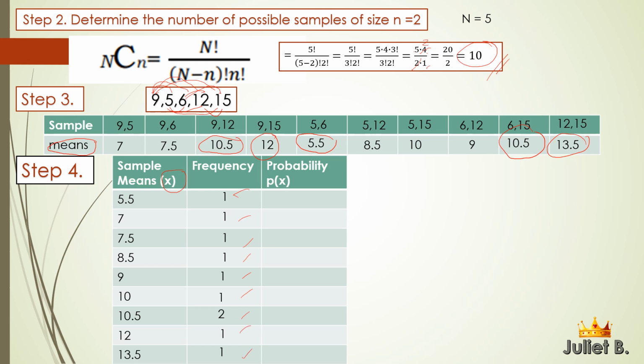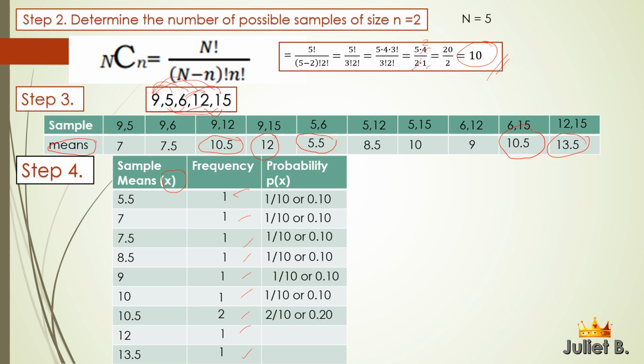Ayan, 10. Let us get the probability of 5.5. Siyempre, ang frequency niya, isang beses lang siya nag-appear. 1 over 10 or 0.10. 7, ang 7 ay 1 over 10 or 0.10 din. 7.5, 1 over 10 or 0.10 din. 8.5, 1 over 10 or 0.10 din. 9, 1 over 10 or 0.10 din. 10, 1 over 10 or 0.10.